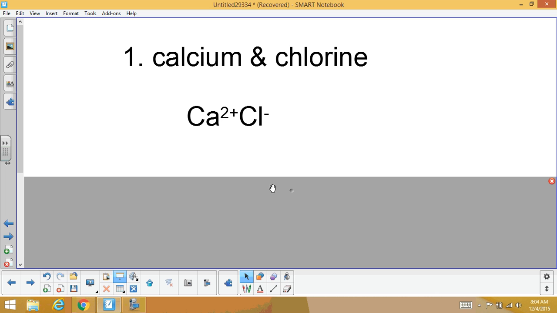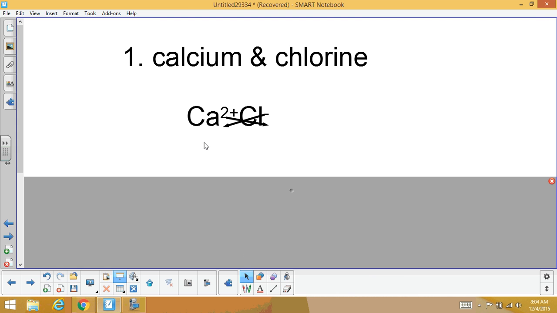Now the next step is we have the charges. Now we have to go through and switch the charges and use them as subscripts. For chlorine, since it's 1 minus or also just minus, it's denoted that there's a 1. It's assumed it's 1, so we're just going to say it is 1 there without having to write the 1.